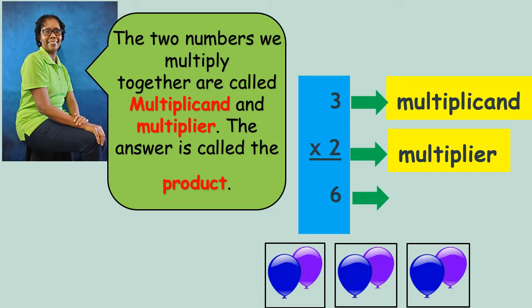The answer is called the product. At the bottom, we have 3 sets. 1, 2, 3 sets. And in each set, we have 2 balloons. So this is simply saying 3 times 2 and the product is 6.